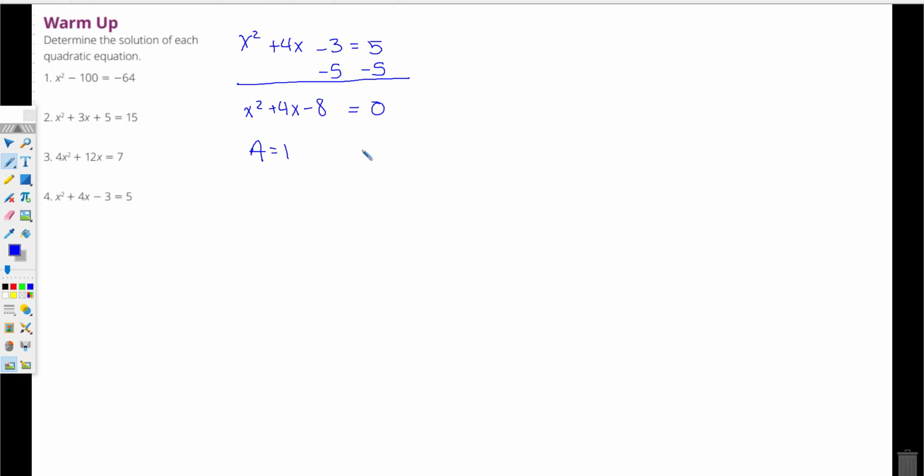A would equal 1 in this case, B equals 4, and C equals negative 8. And so we're first going to find the discriminant, b squared minus 4ac. So 4 squared minus 4 times 1 times a negative 8. And so we have 16 plus 32, which gives us 48.